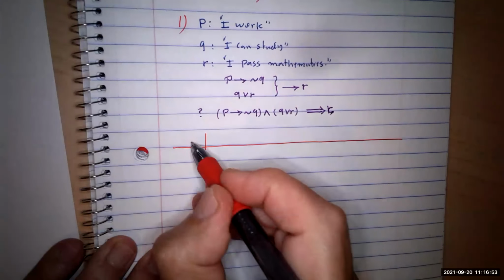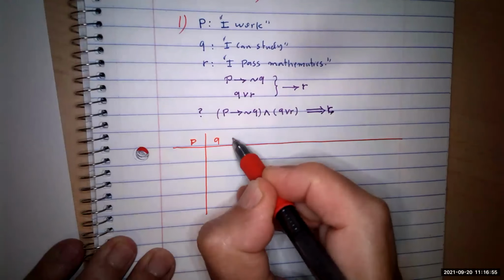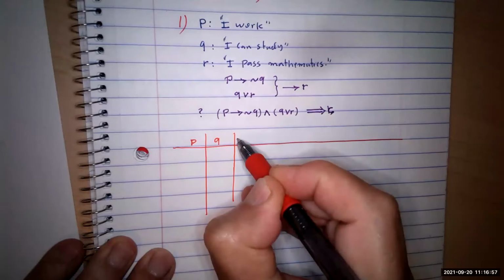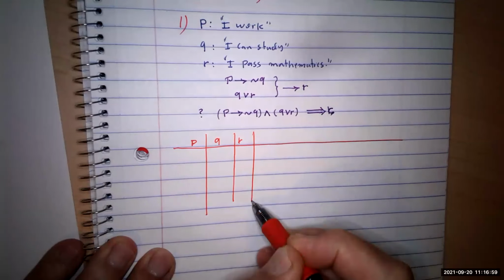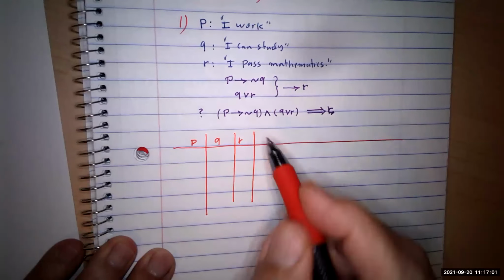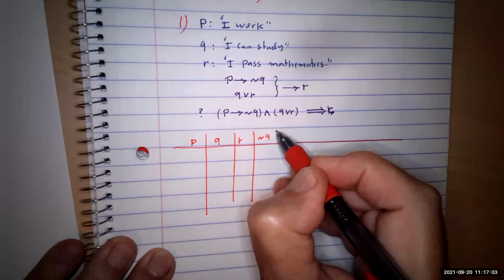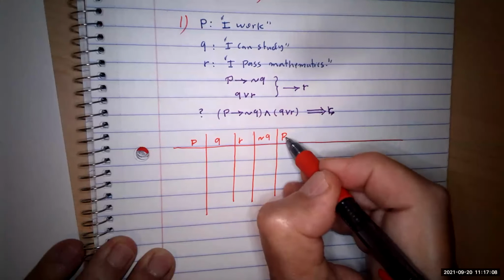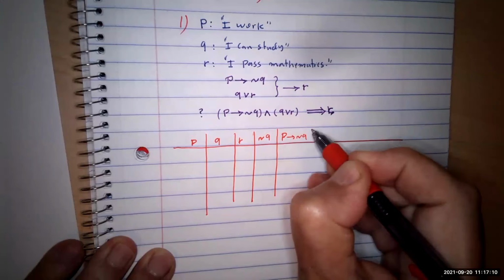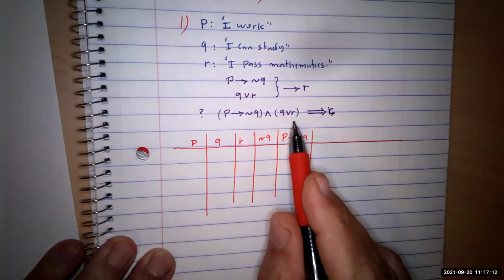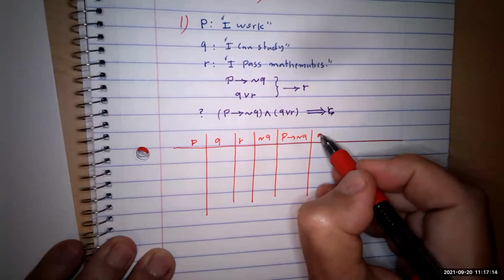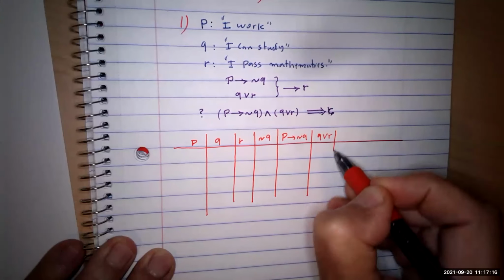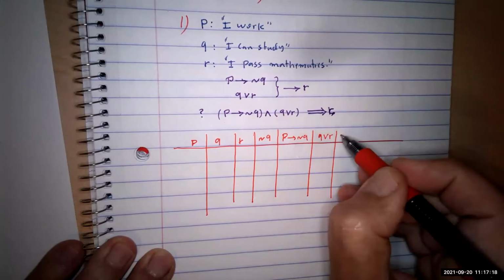I need a P here. This is going to be P, Q, R, because we have 3 variables. Then I need the not Q. Then I need to form if P implies not Q. Then I need a Q and Q or R. Then I need to put them together.